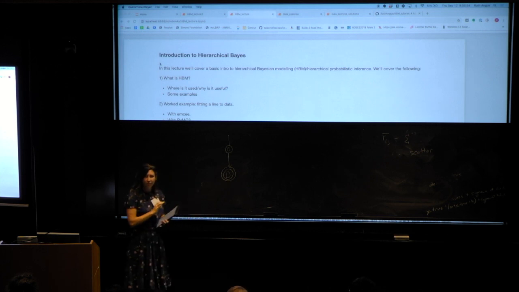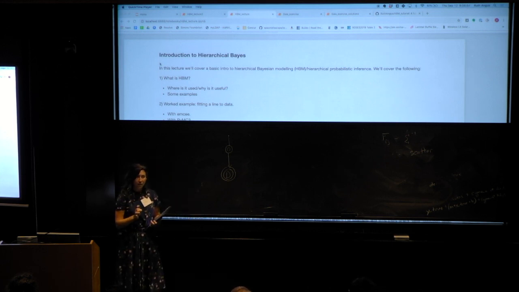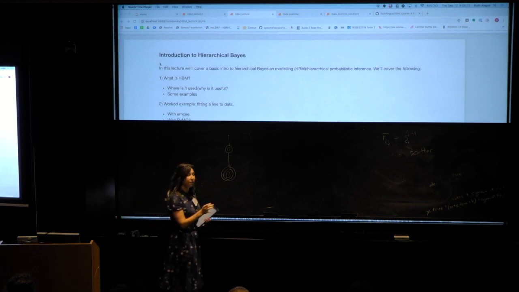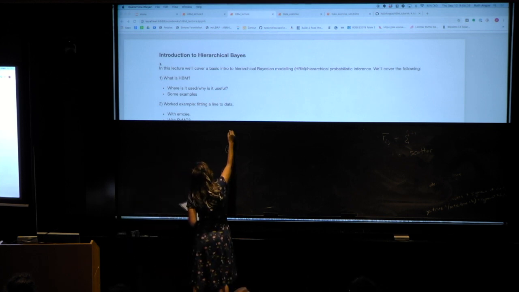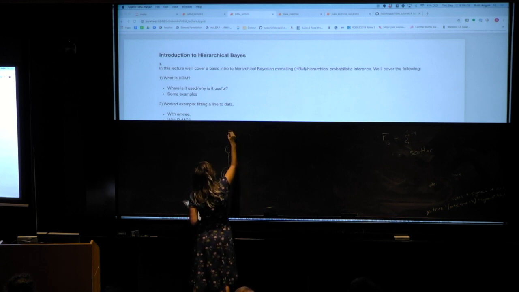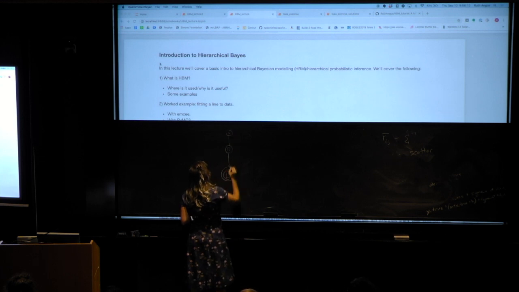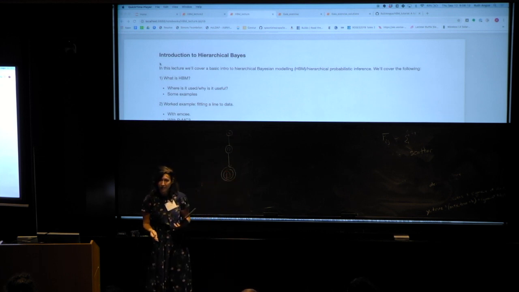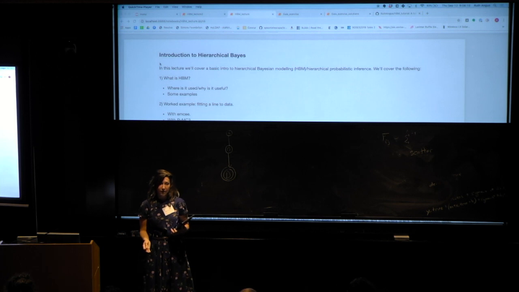some prior distribution. To make this hierarchical, the only thing that changes is that this becomes an open circle, and you have some parameters, alpha, say, of your prior that you're now going to infer.